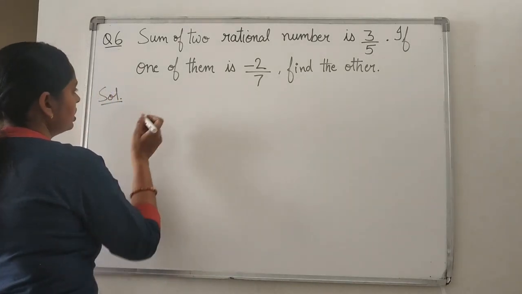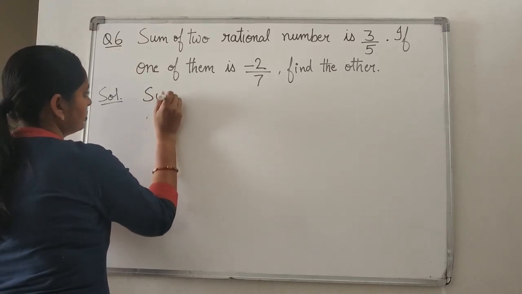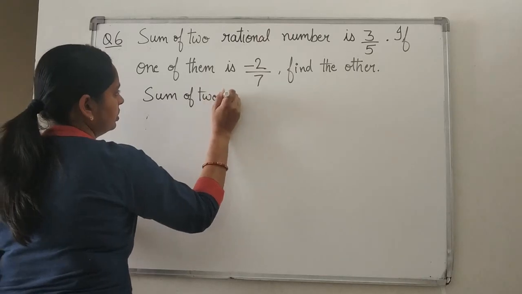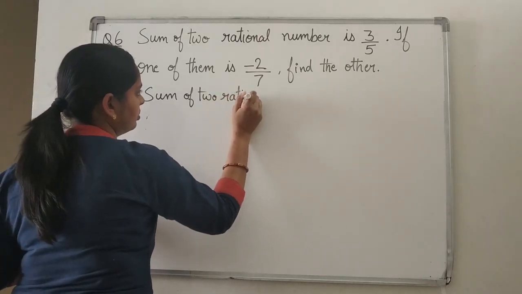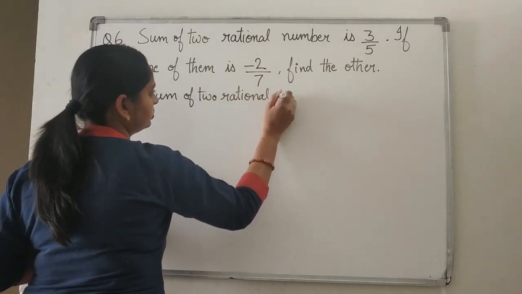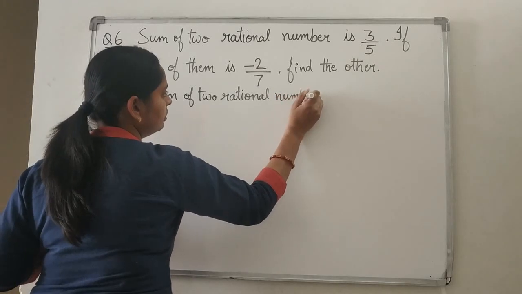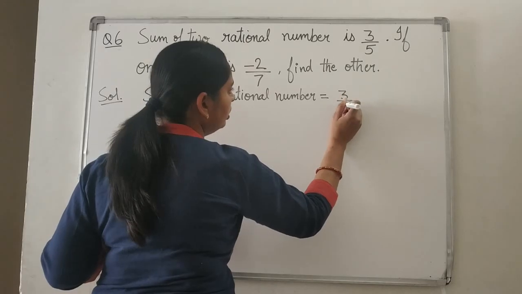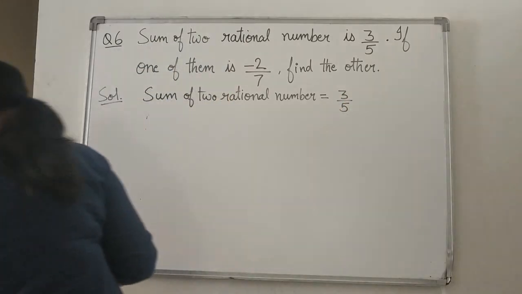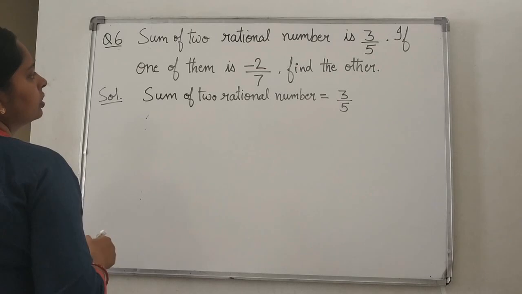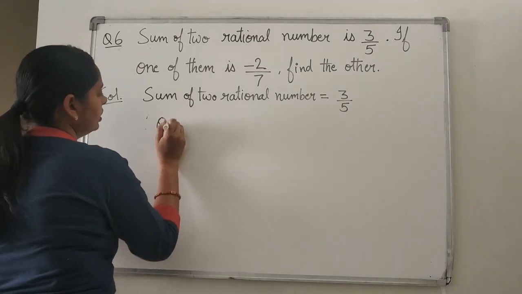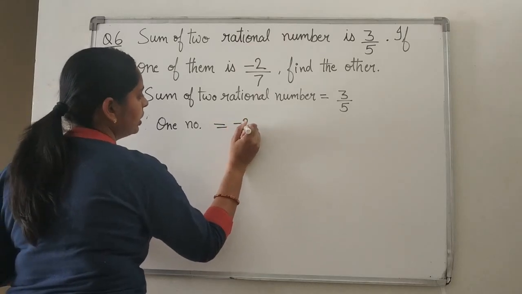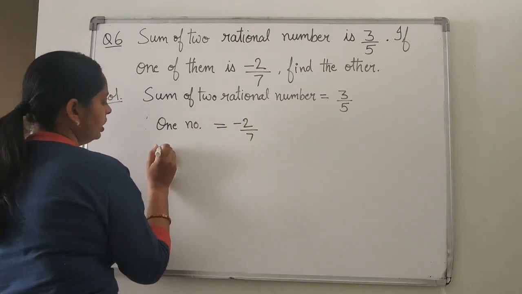Sum of two rational numbers is given, 3 upon 5, and one number is given, minus 2 by 7. We need to find the other.